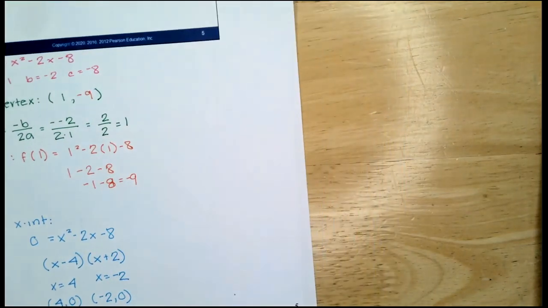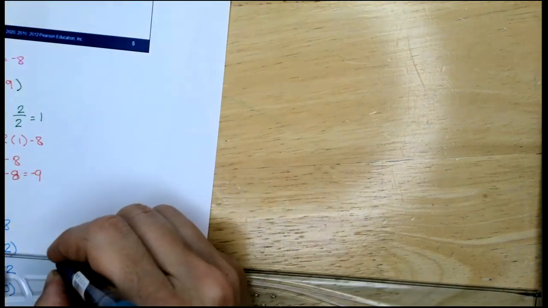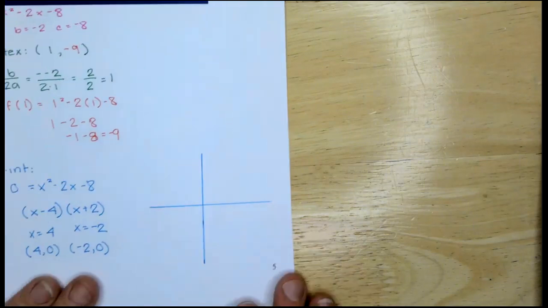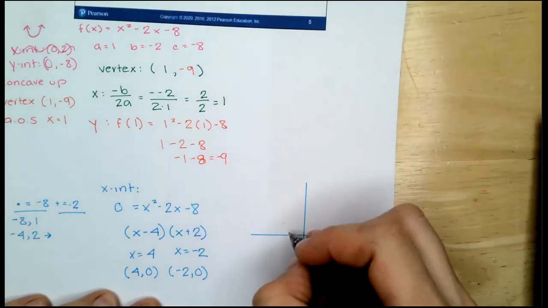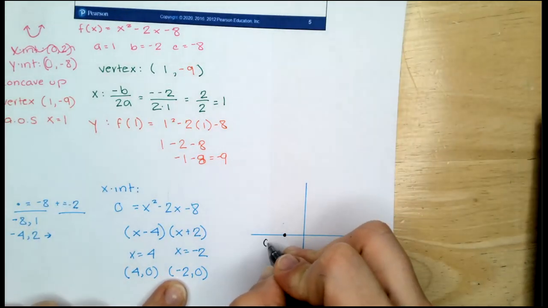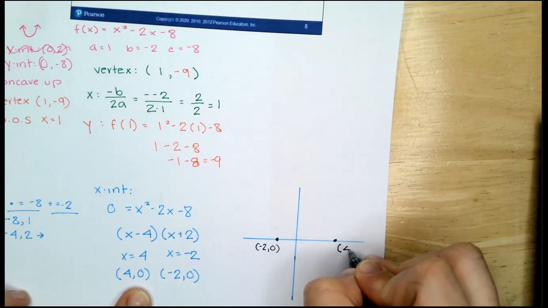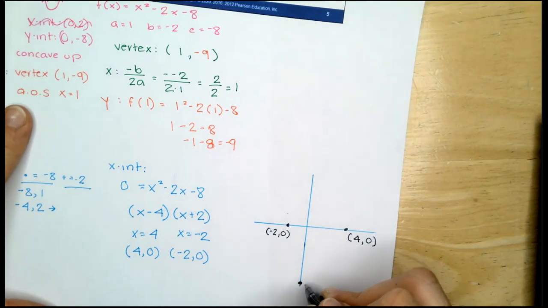When we visualize this graph, we're going to cross at -2, 0. We're going to cross at 4, 0. We're going to cross the y-intercept at -8.